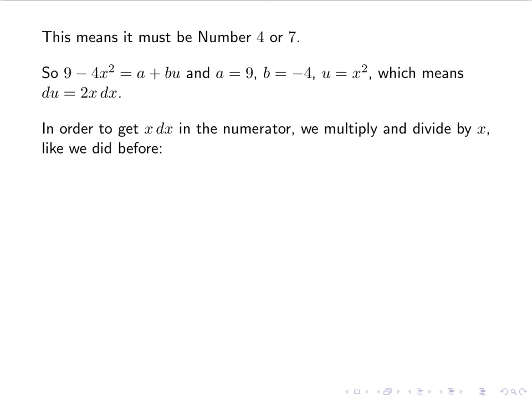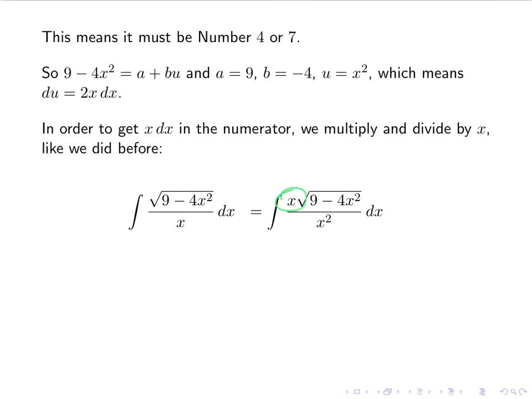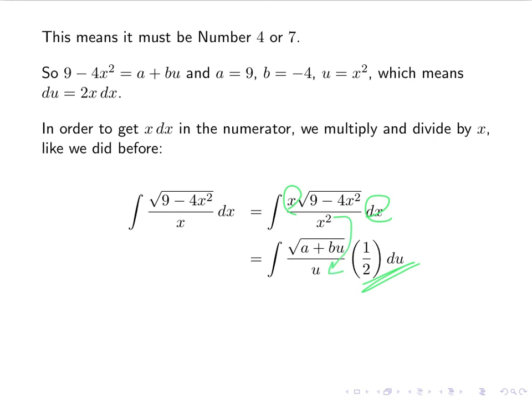Just like last time, we don't have an x dx in our numerator, so we're going to multiply and divide by x so that we have x dx. So again, I'm multiplying by x and dividing by x, so that's why x in the denominator has become x squared. So our x dx is 1/2 du. x squared is u, and our radical is a plus bu.